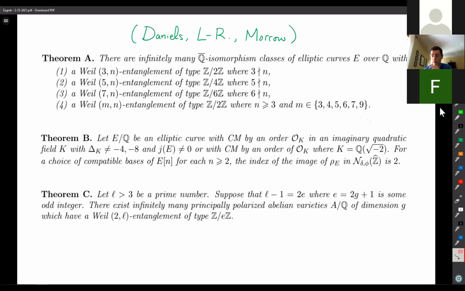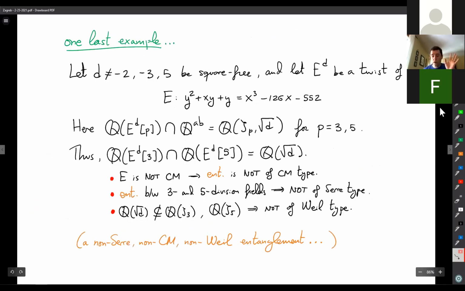I'm running a little bit out of time, I think. So let me just give, to finish off, one last example of something that is not a Serre entanglement, not a CM entanglement, and not a Weil entanglement.